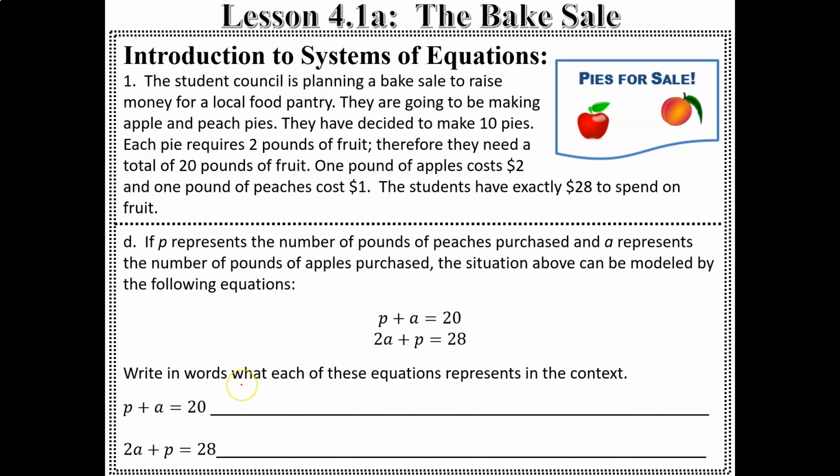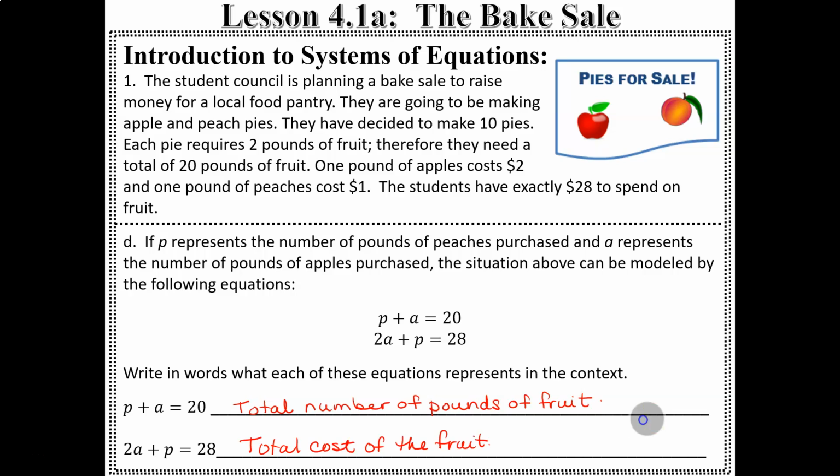This P plus A equals 20 is the total number of pounds of fruit. And the 2A plus P equals 28 is the total cost of the fruit because apples are $2 a pound and peaches are $1 a pound. So this is total cost of the fruit. Okay?